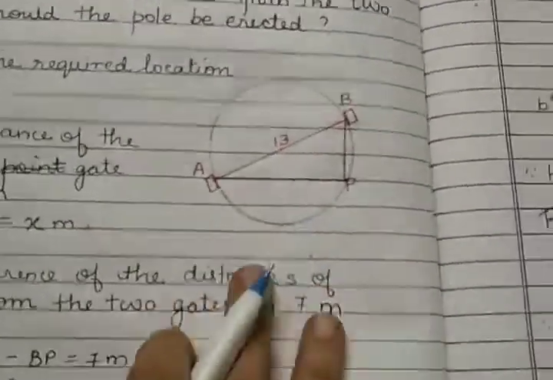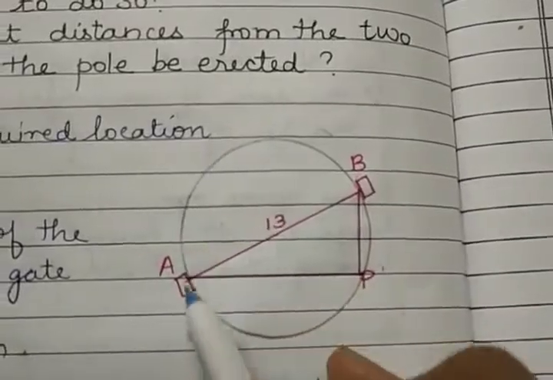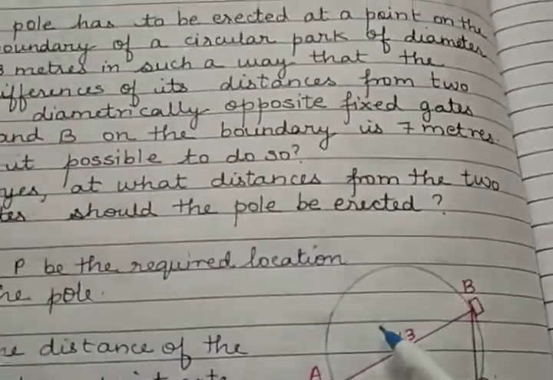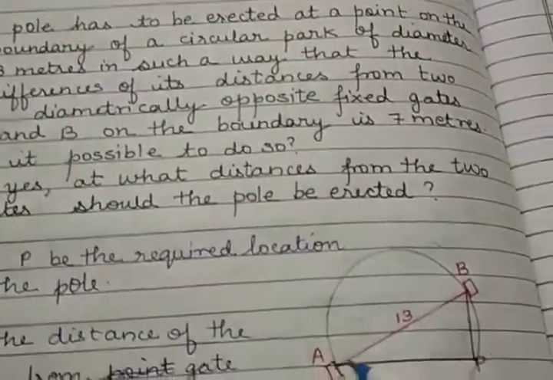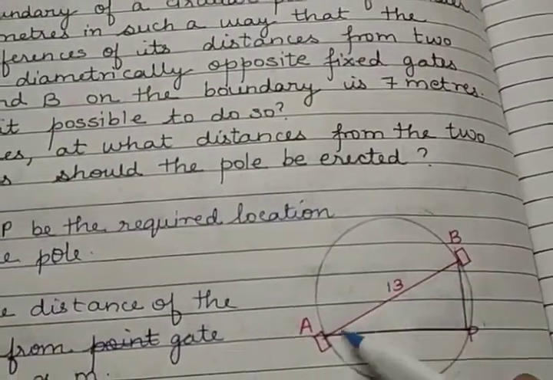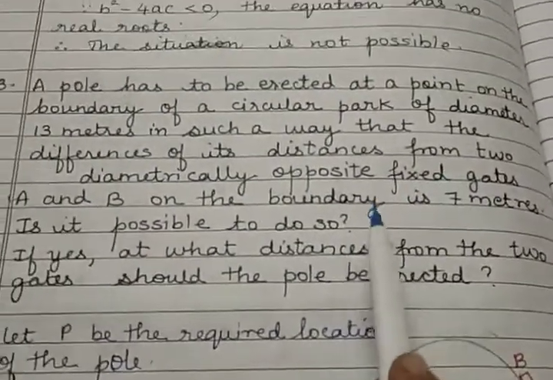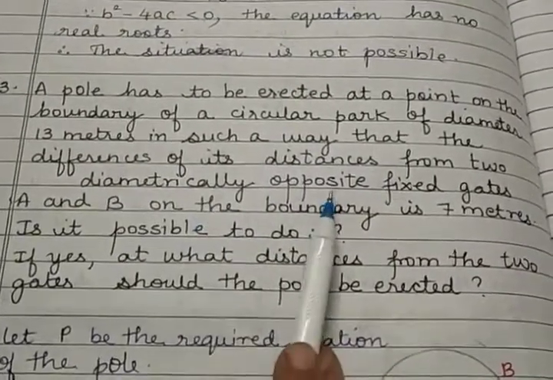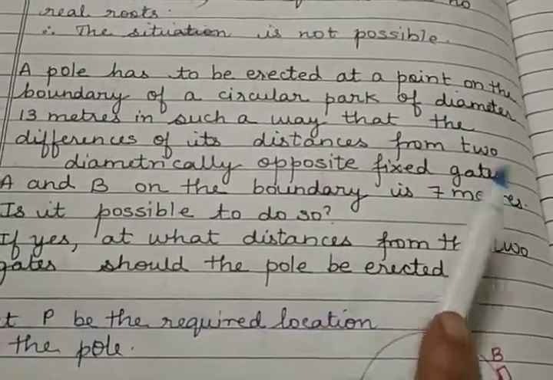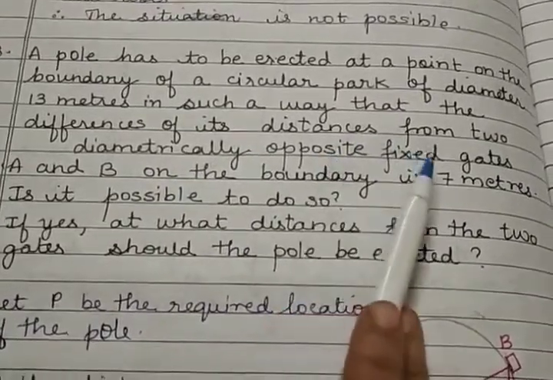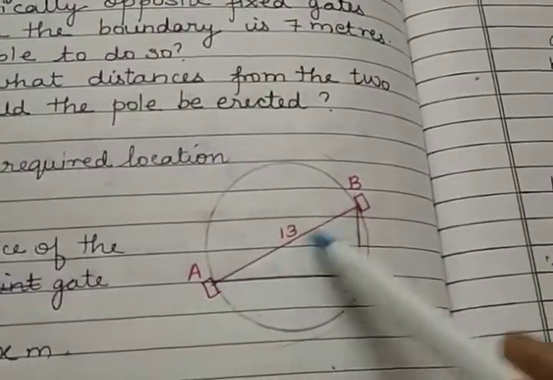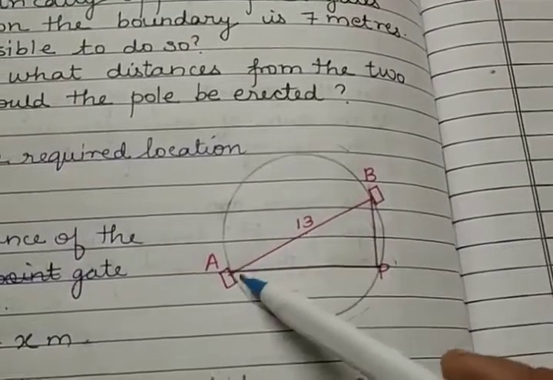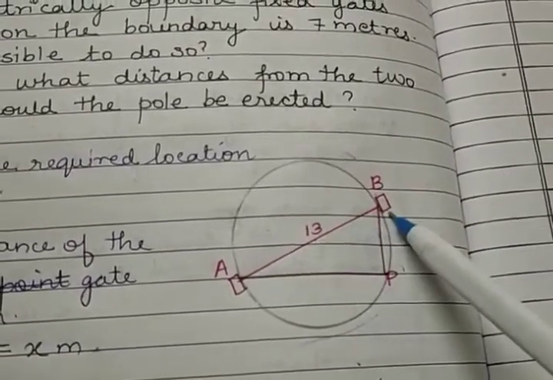So I am drawing the figure. You have the circular park here, and as it is given, the diameter of the park is 13 meters, and the two gates are diametrically opposite. When it says diametrically opposite, means they are at the opposite ends of the diameter.